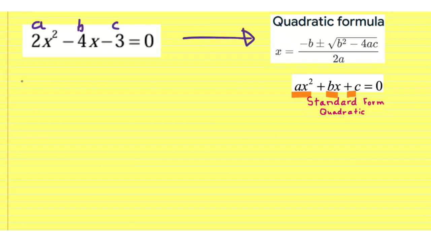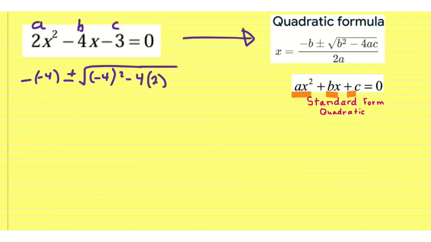Okay, so I've got negative b, which is negative a -4, and that's plus or minus the square root of -4 squared, and that's minus 4 times the a, which is 2, times the c, which is also a -3. And then all of that is going to be over 2 times a, which is 2 times 2.